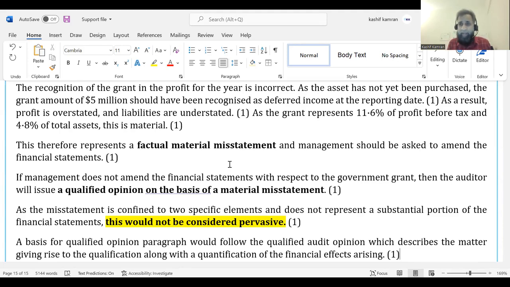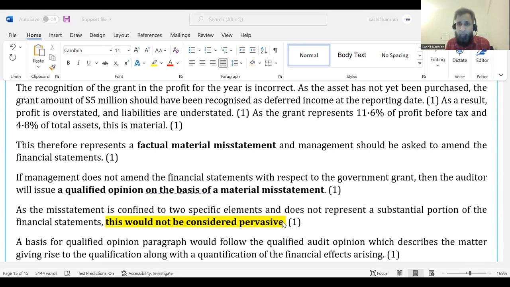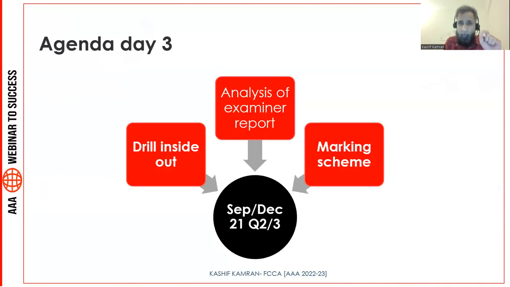So we are coming to the end of question number 2 and question number 3, which was a very specific agenda for day 3. We focused on a drill inside out on questions 2 and 3, marking schemes, examiner expectations. I hope you enjoyed this exercise, and I hope you gained something out of it.